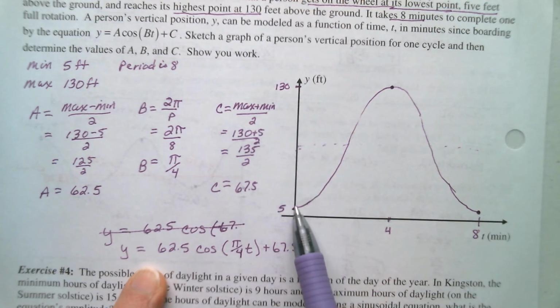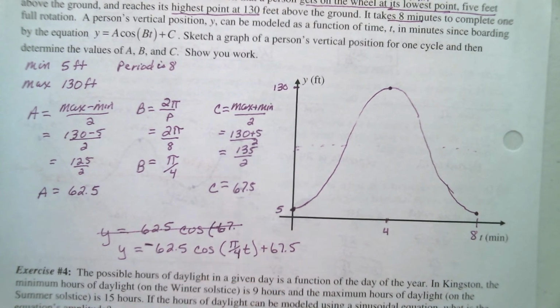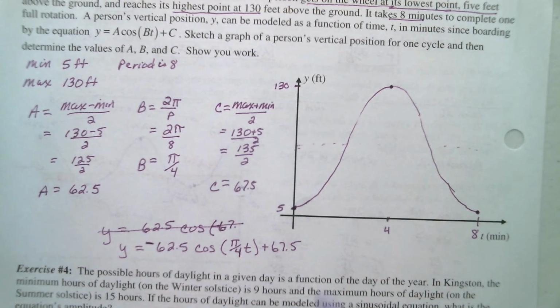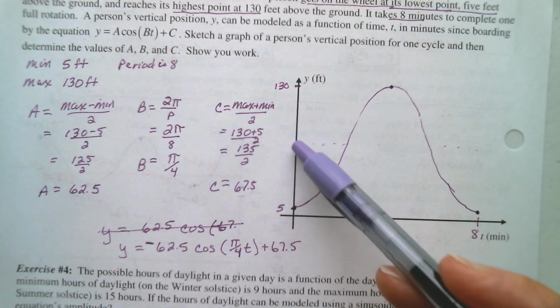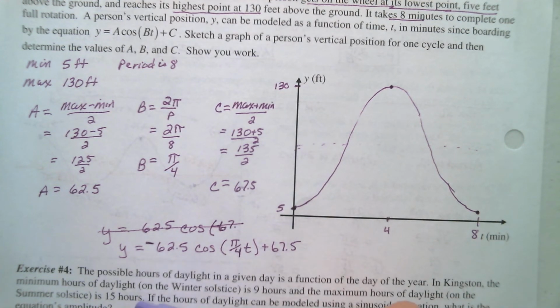It's below the midline. So we need a negative in front of our 62.5 because this is a cosine function that actually starts below the midline. It starts at its minimum. So we would have y equals negative 62.5 cosine pi over 4t plus 67.5.